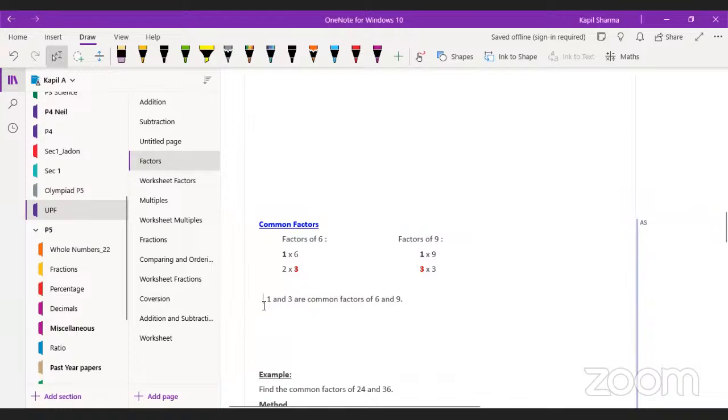You can see that we have two numbers, 6 and 9. Okay, so first we can write all the factors of 6. So to write all the factors, we can look for factor pairs.